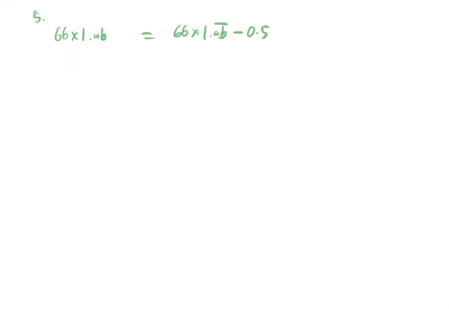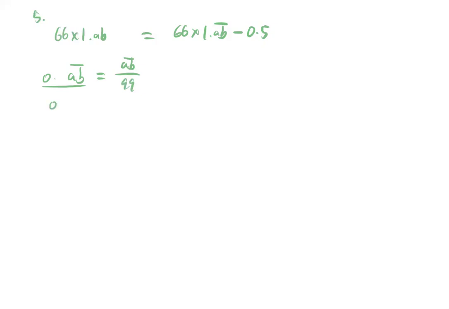In this problem, there are 2 ways to solve it. One's a good way to simplify the problem. The other way is to just bash it algebraically. I'm going to show the bashing way. We always know that when we have digits recurring, this is equivalent to AB divided by 99.